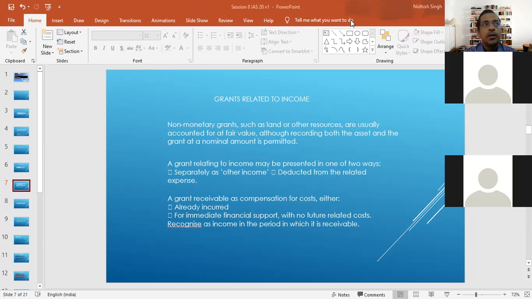So you incur, say, a cost of 1 crore already, and the government will compensate 50% of that. So how it will be done is, you have expenses month on month, and the government will reduce those expenses in your P&L, or if you have already spent that much and the government has given you that refund, then it will be an income item.